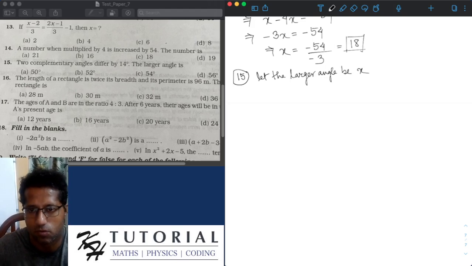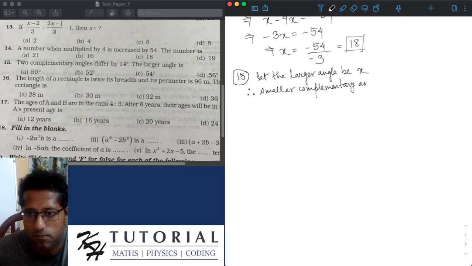Since we know that the other angle, the smaller angle, and this angle x are complementary to each other, their sum will be 90 degree. So we can say the smaller complementary angle is 90 minus x.